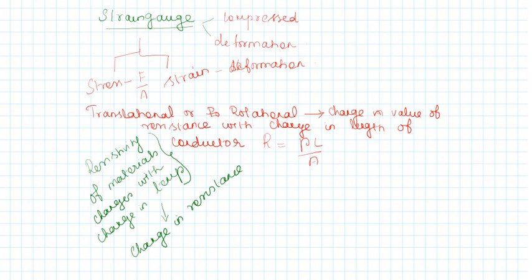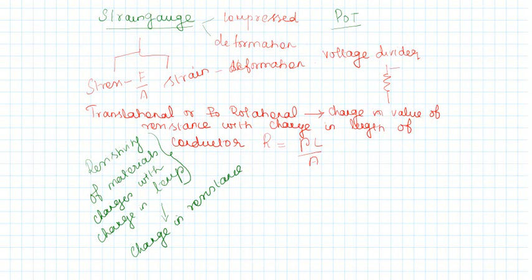Got it? So here we are talking about the potentiometer. The other name of potentiometer is also voltage divider. Maybe you have come across voltage dividers in previous classes. They used to draw it like this, right? So voltage divider is another name of potentiometer.